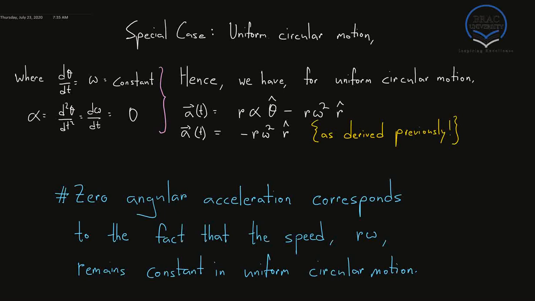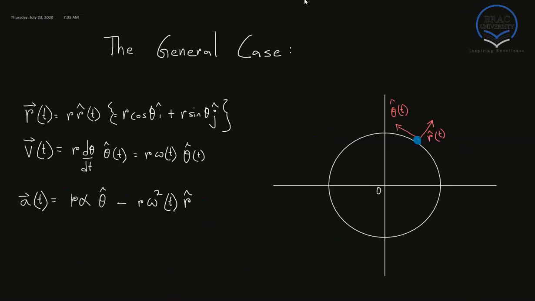What about non-zero angular acceleration? What does that do? So again, in the general case of circular motion, you have at some time t the particle at some point on this circular trajectory, right? And the radius vector is given by r hat t. And then v t is given by r omega theta hat t.